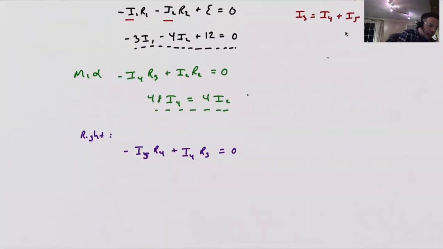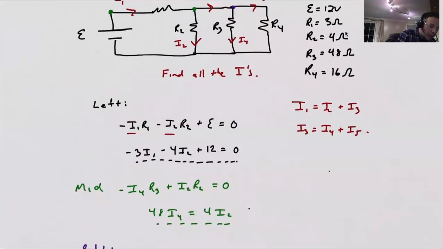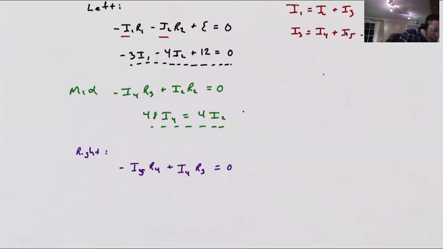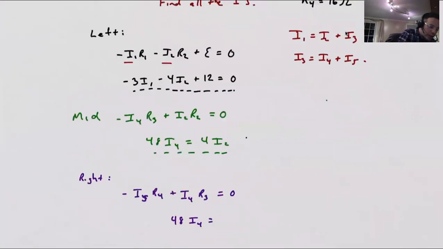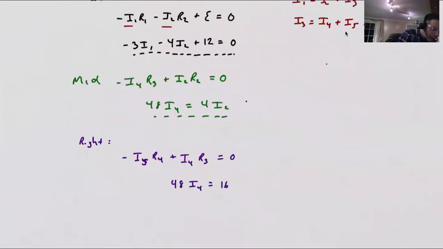Once again, looking at this in its simplest possible way, R3 was that obnoxious 48 ohm resistor times I4 is equal to R4, which is 16, times I5. Another equation that puts I4 and I5 on the same page.